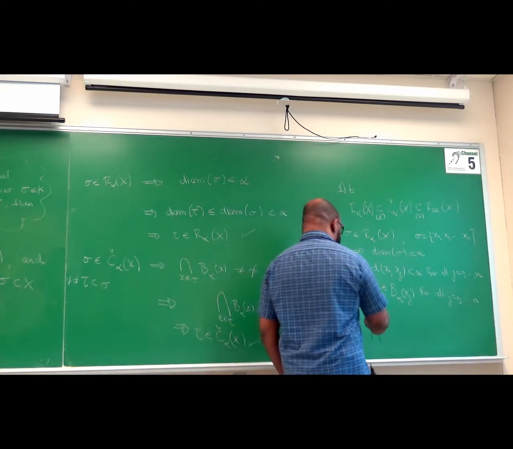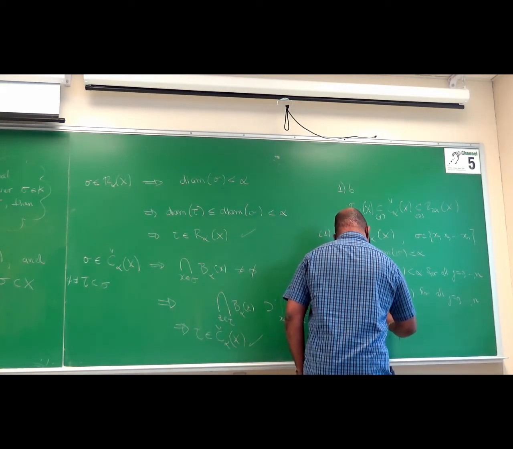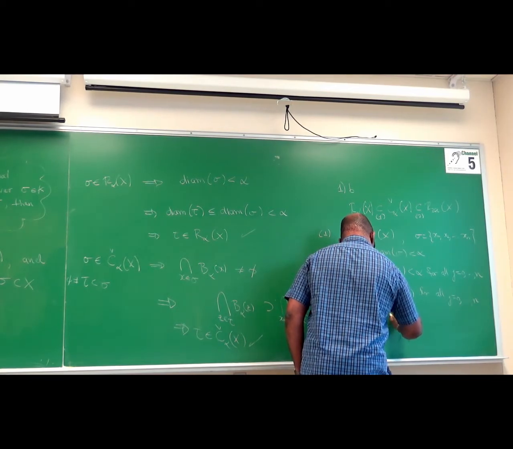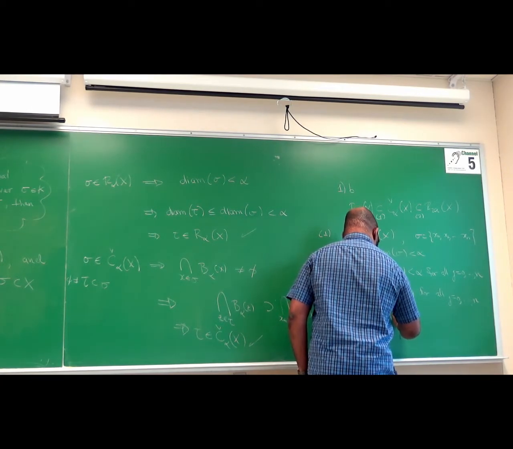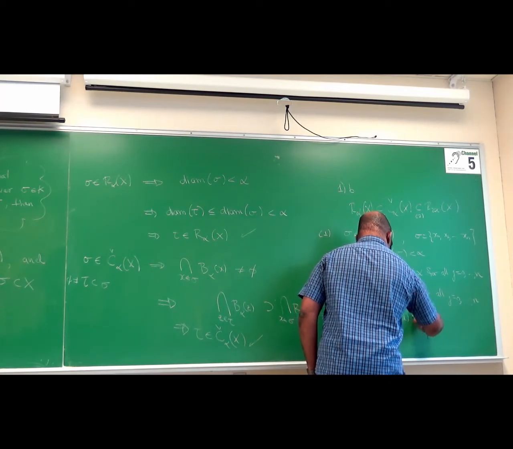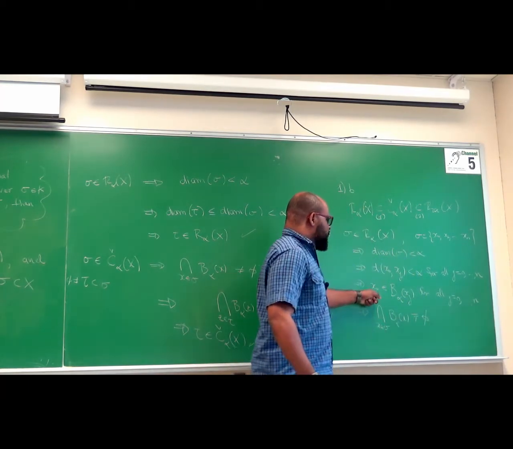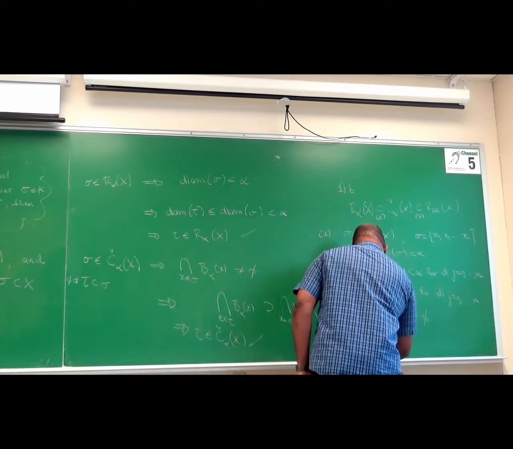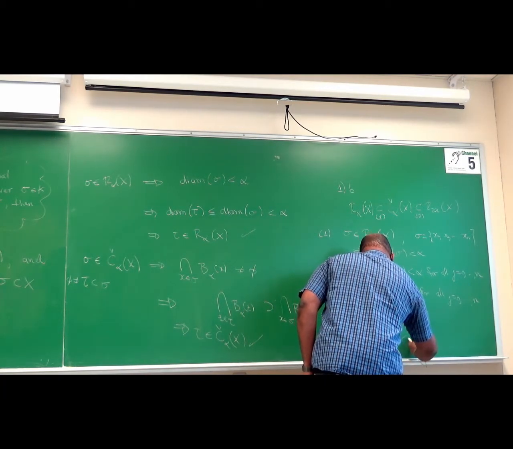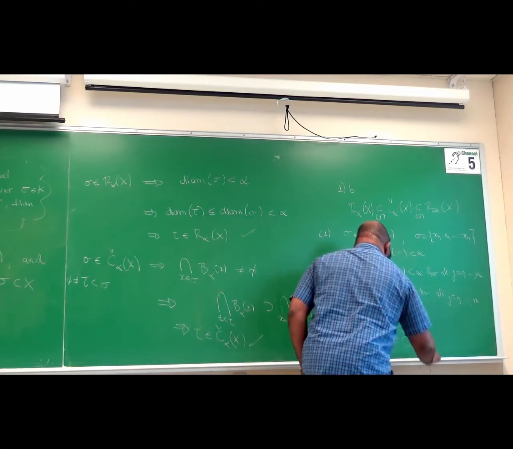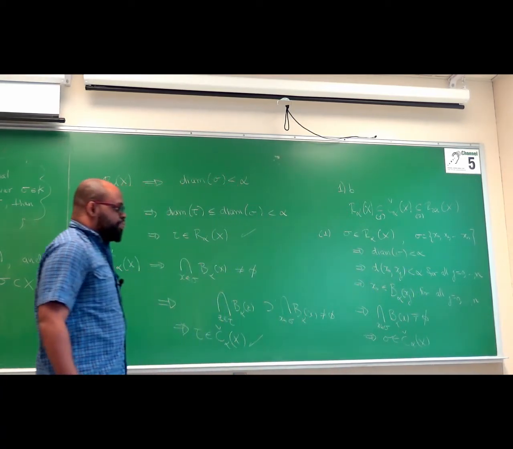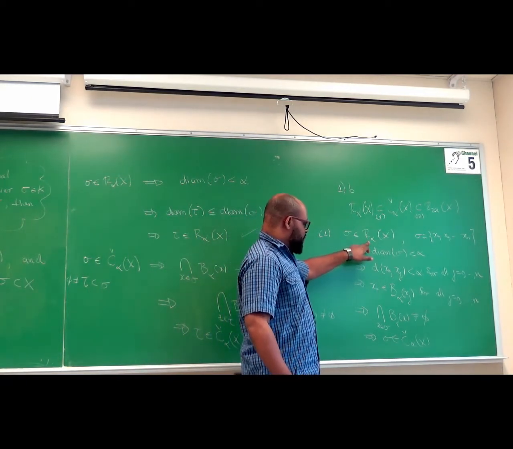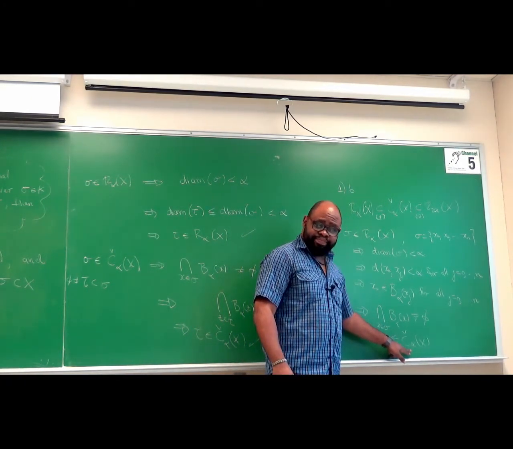And that in turn implies that the intersection of the balls is not empty, because you found an element that is in everybody. And that implies that sigma is in the Čech complex. So we've shown that every sigma in the Rips complex is also in the Čech complex.